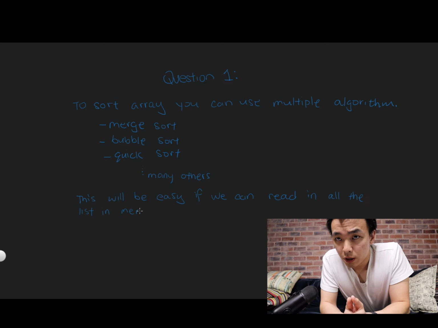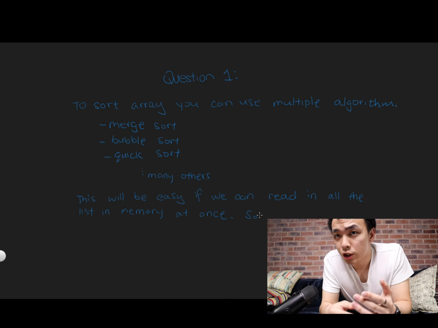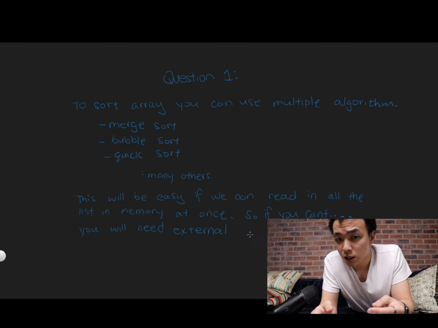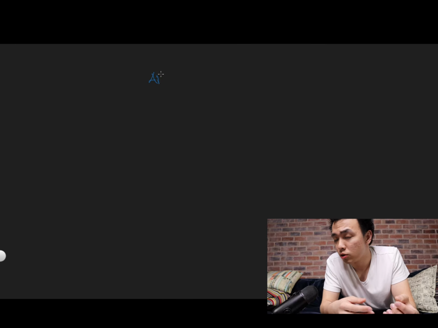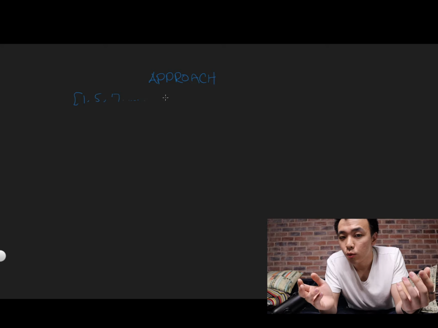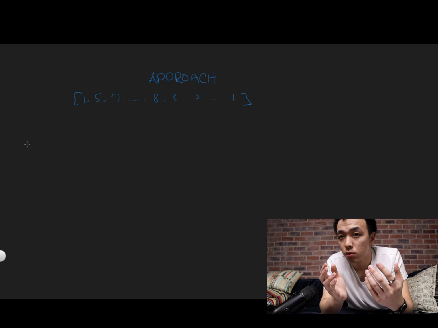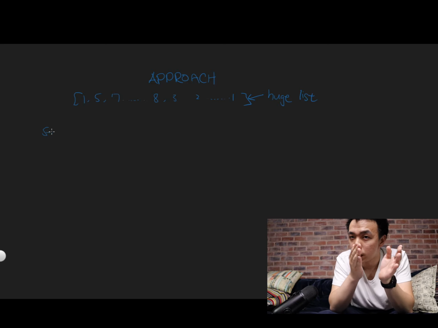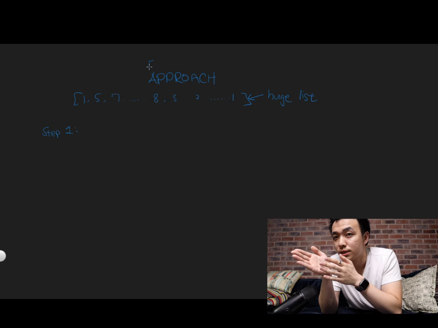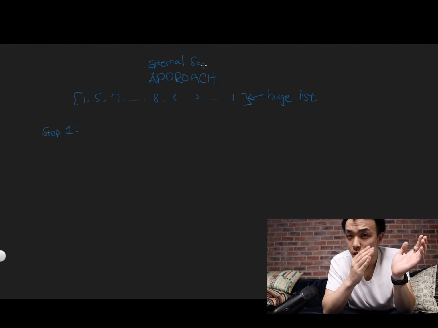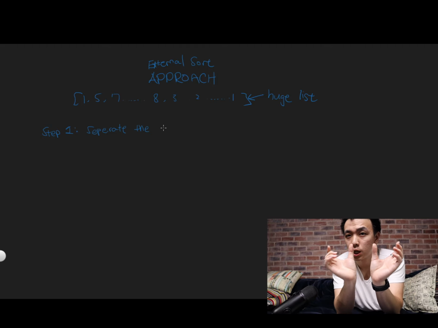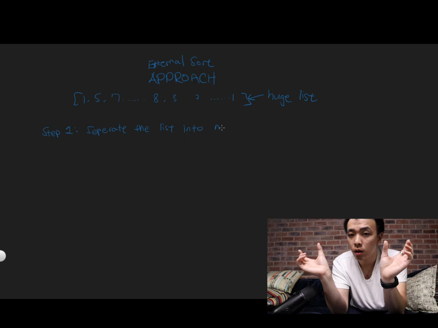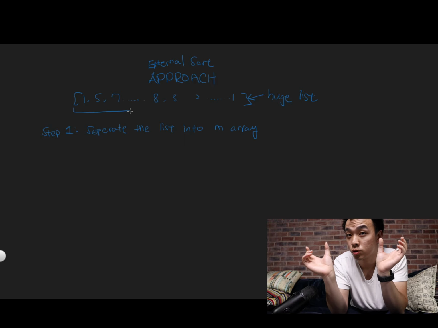So in this video, let's talk about the first approach, brute force. How would you do it if the array size is huge? Given a gigantic array of 10 GB, we cannot read everything at once. So what can we do? As a brute force approach, you can first chunk them up into different small sizes, and make sure each chunk you separate is sorted first.